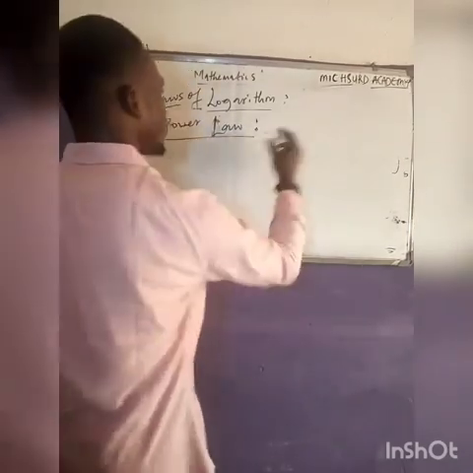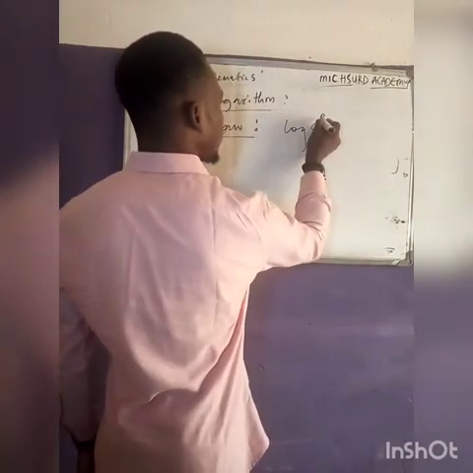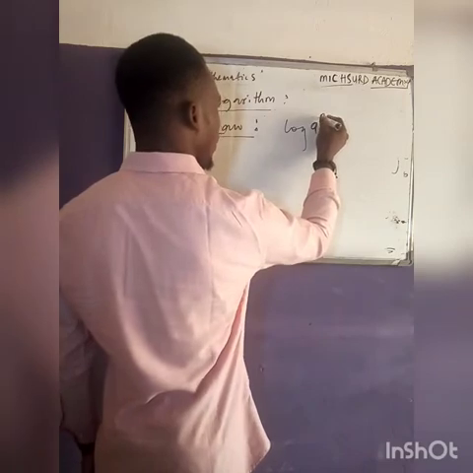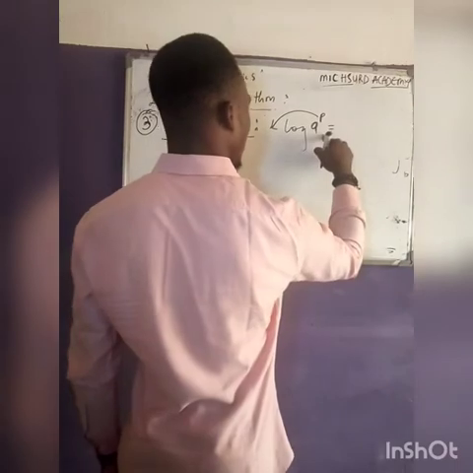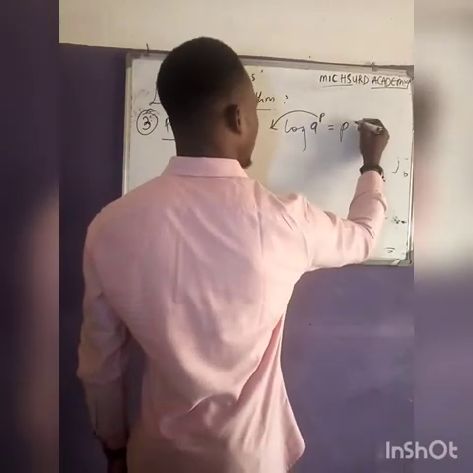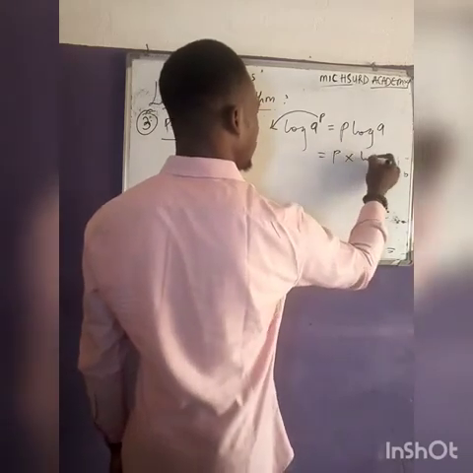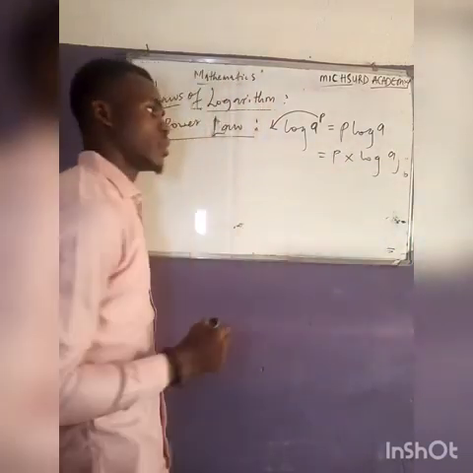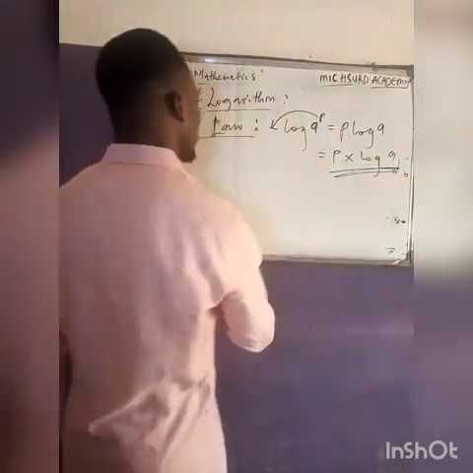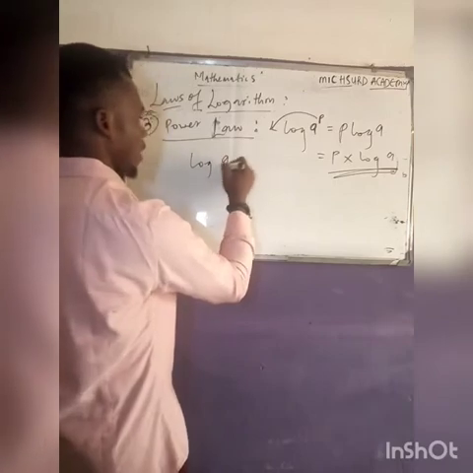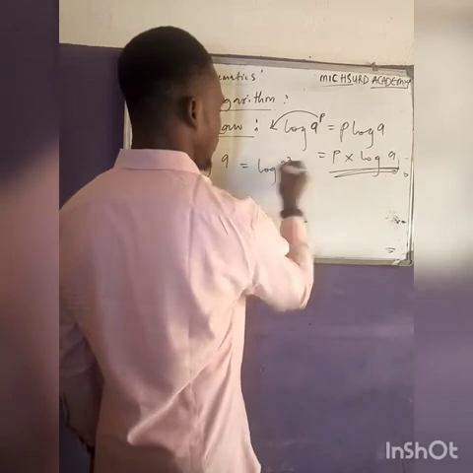For the power law, if we have log A raised to power P, because we have A and we have a power, we can move this P to the front so that it multiplies the whole expression, so that we have P log A, or you can say P times log A, still okay. You understand that? So that is for the power law. So for example, if we have log 9, this is the same as writing log 3 raised to power 2, right?